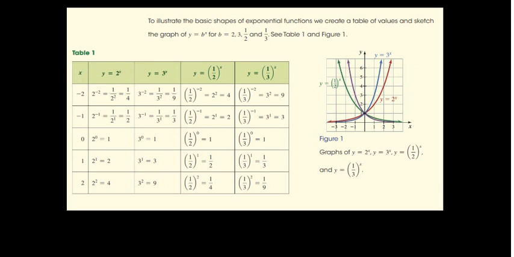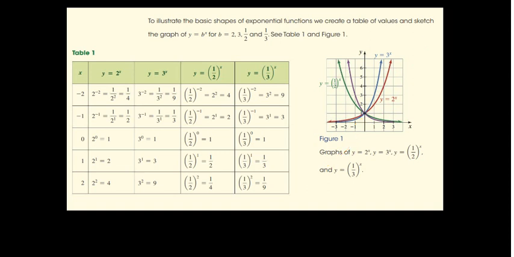Similar to when I talked about parent functions in the past and the landmark that you moved around, which was typically 0, 0 for everything, the landmark for exponential functions is going to be the point 0, 1. Whenever we do transformations for exponential functions, they're all going to have this general shape. The whole numbers shoot up exponentially, and the fractions shoot down exponentially, but they all cross the point 0, 1.